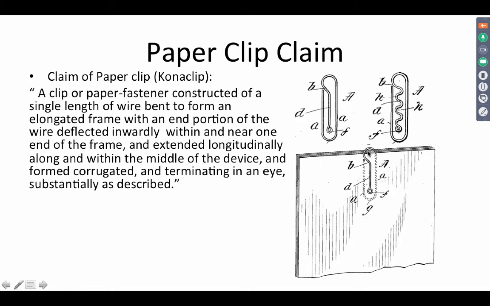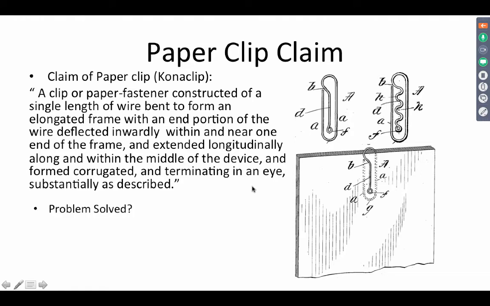Now what this does, it holds the paper better because now it comes along and within the middle of the device, which the earlier prior arts did not do. Earlier prior arts just came along and within the outline of the device, not through the middle of the device. So this was the distinction that this invention brought through.